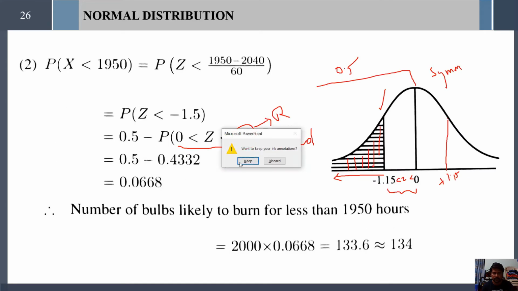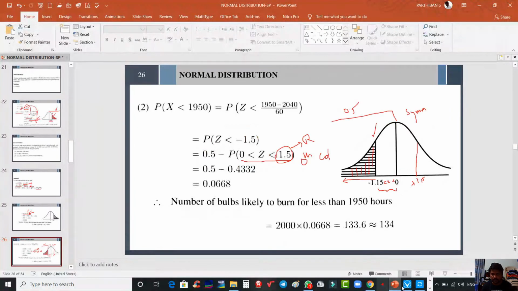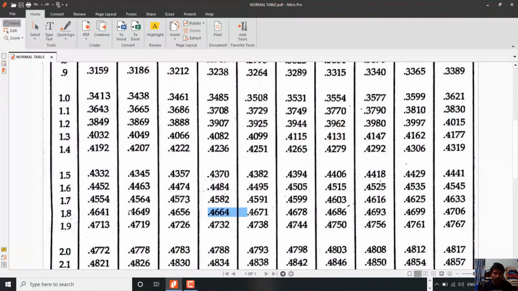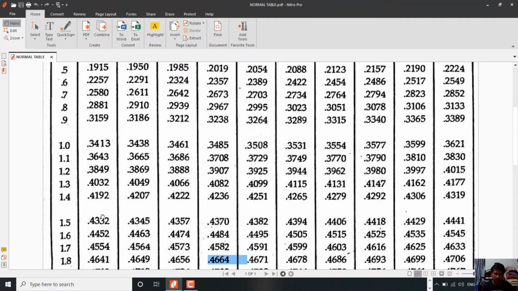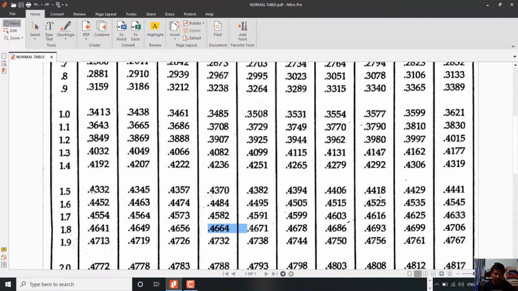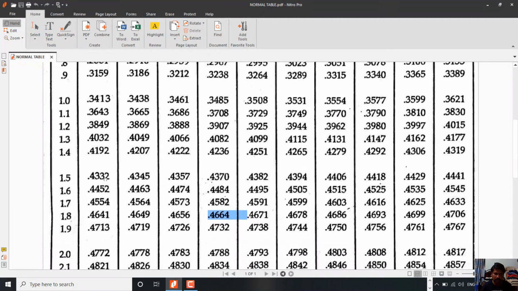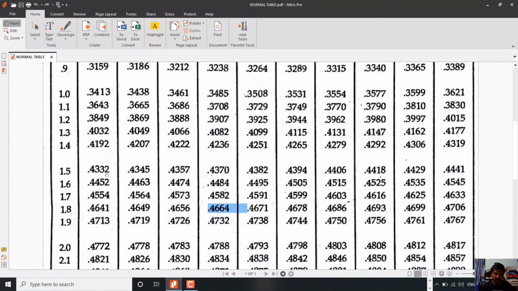Referring to the normal table, the 1.5th row and 0th column is 0.4332.